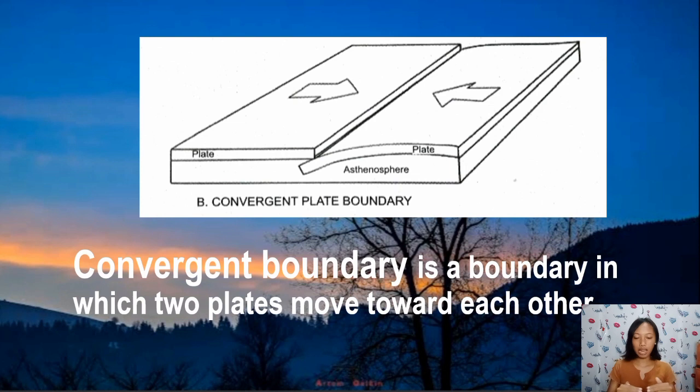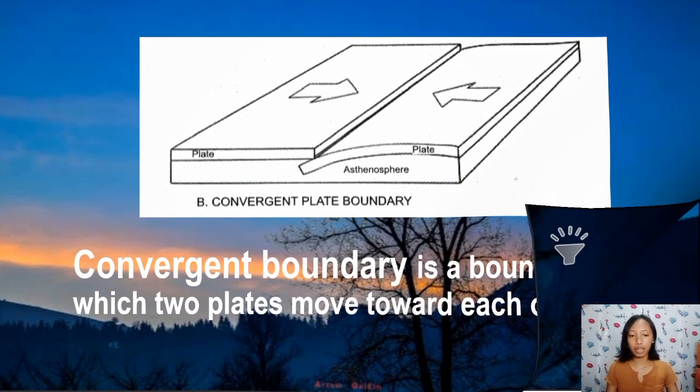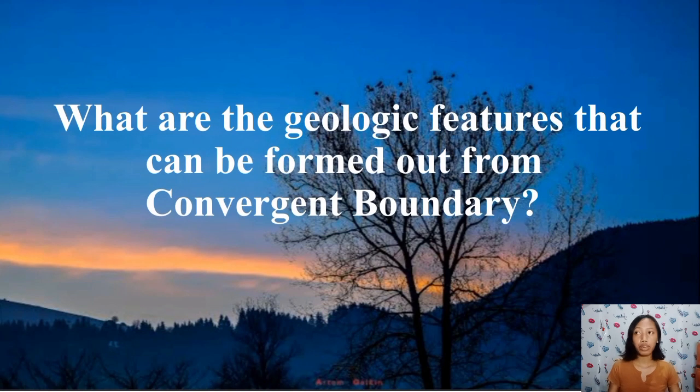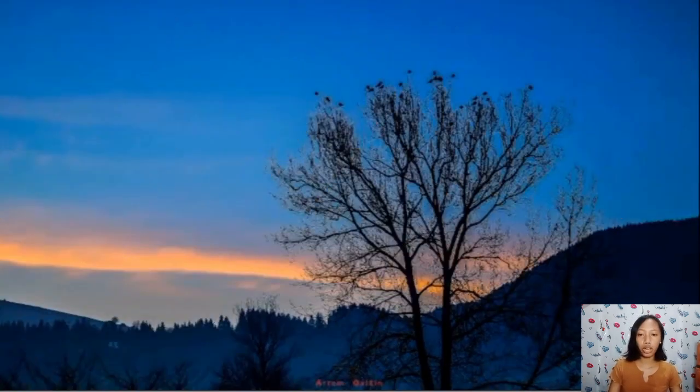So, nagsugat sila. And then, we have three kinds of convergent plate boundary. So first, what are the geologic features that can be formed out from the convergent boundary? So una ni ang tulo ka kinds of convergent plate boundary.